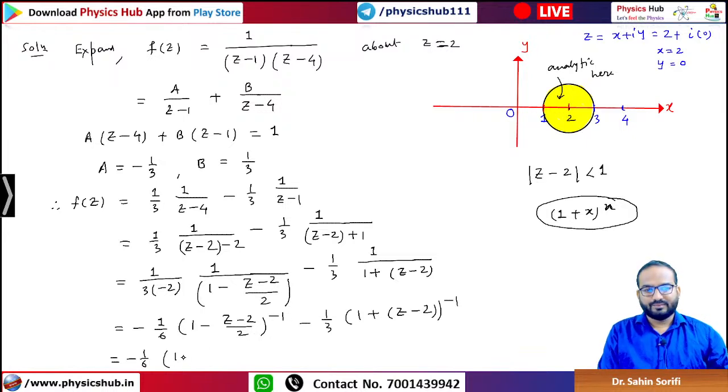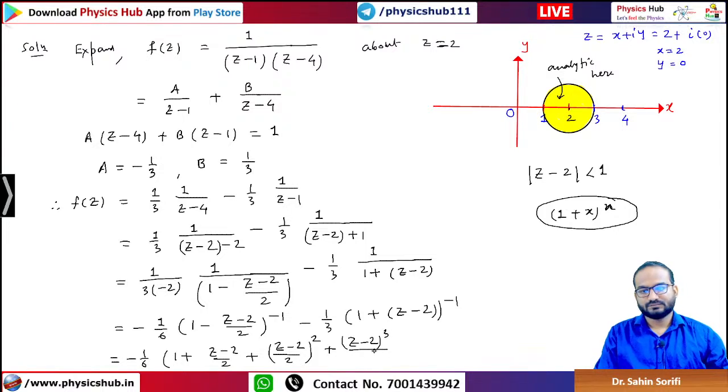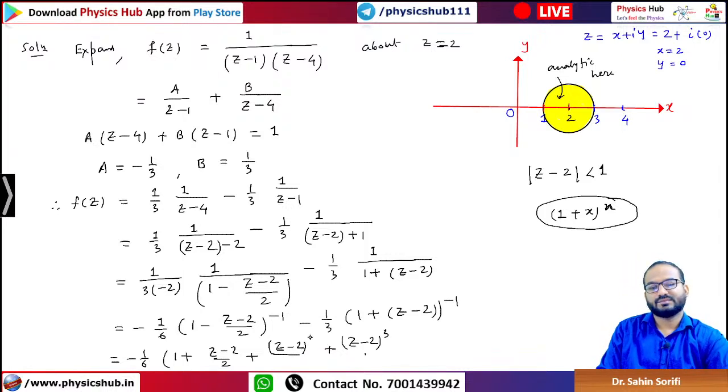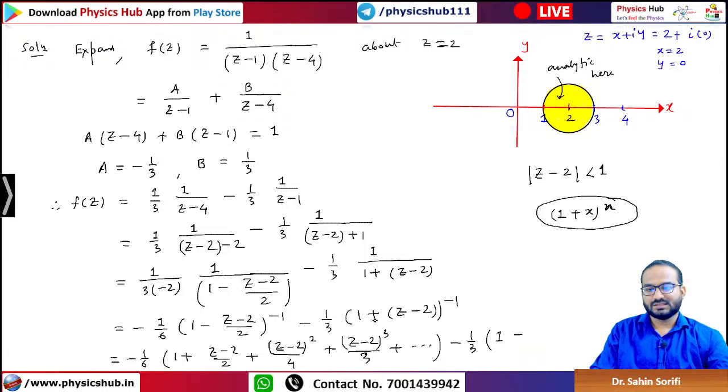So 1 plus x, x square, plus x cube, okay, we can just write it in this way: 1 plus x square plus x cube and so on, and minus 1/3, 1 plus x to the power minus 1.